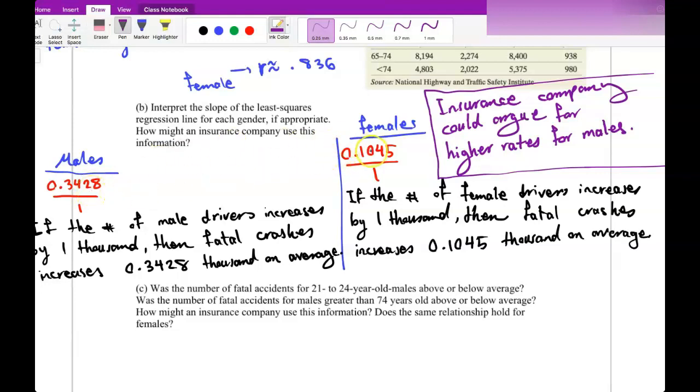So that number is greater than this number here for females.